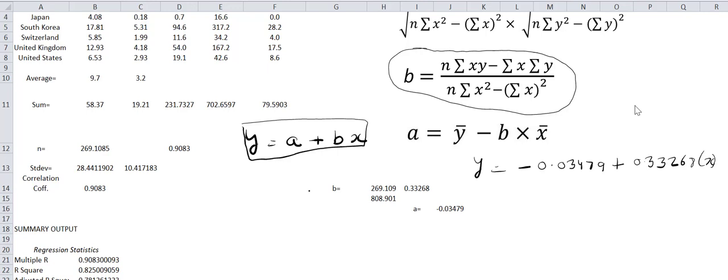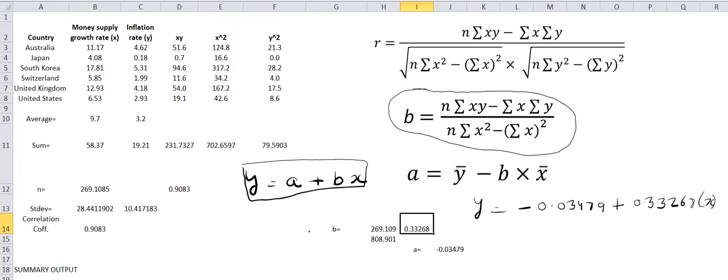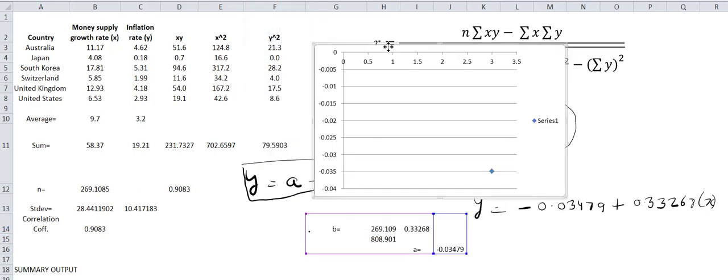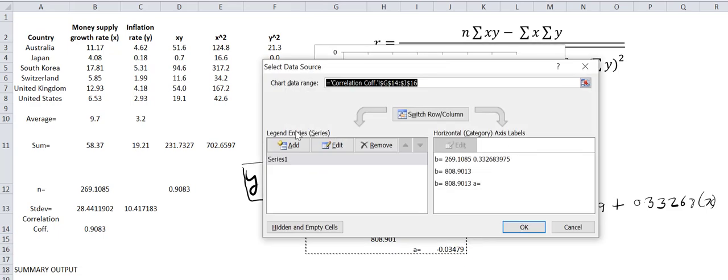I will try to develop the plot between y values and x values and show you exactly the same equation coming out just from my scatter plot here. So insert, and then I will go to my scatter plot here. So this one will have my x and y values. Select data, add.